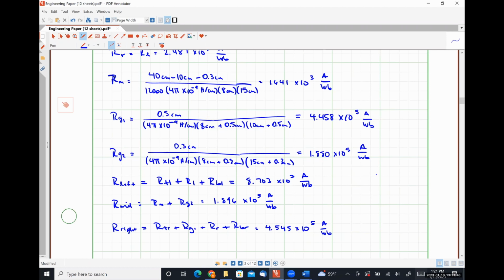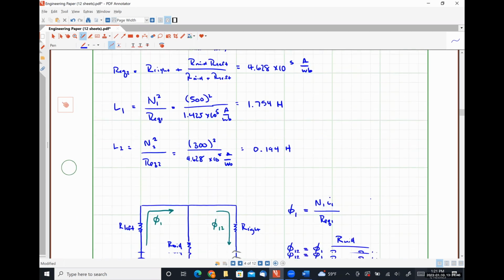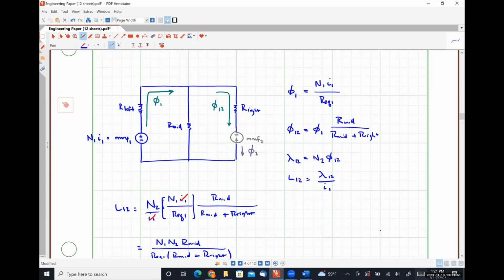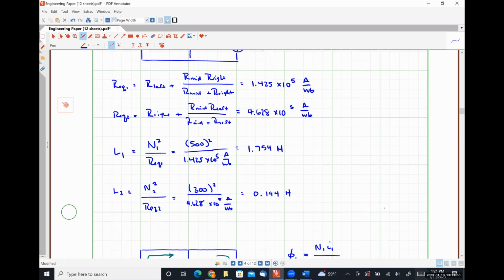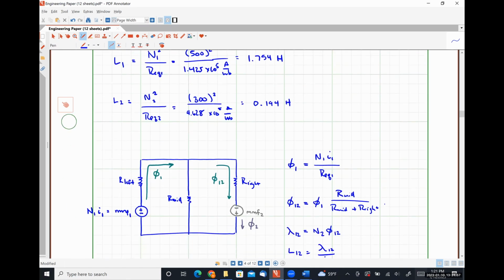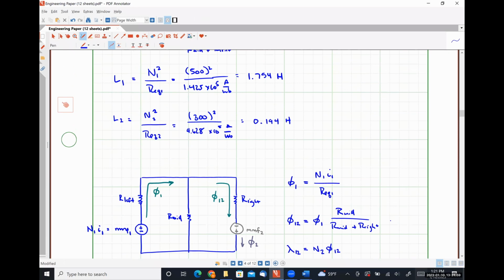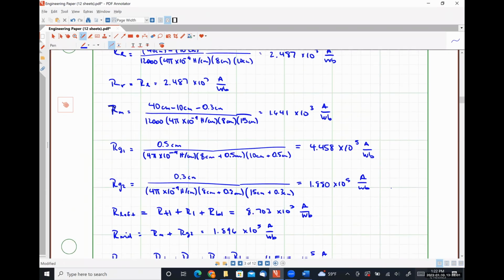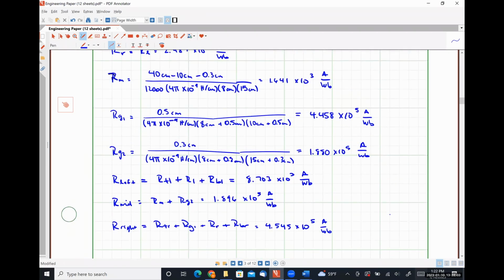That whole thing is divided by REQ1, right? 1.425 times 10 to the 5 times R mid plus R right. 1.896 times 10 to the 5 plus 4.545 times 10 to the 5. 0.3098 or 0.310.